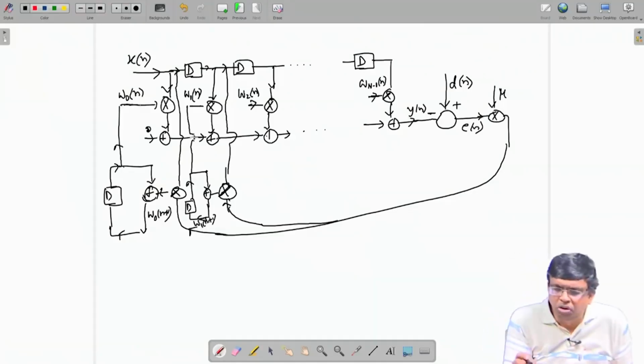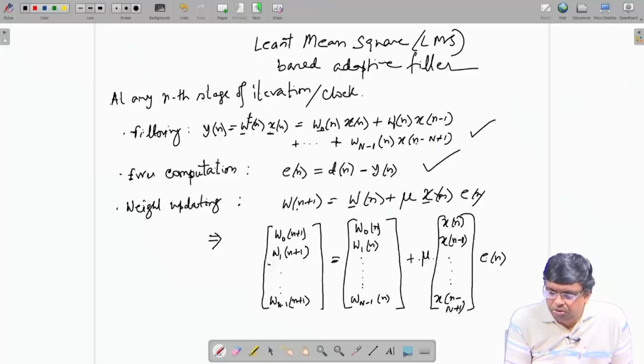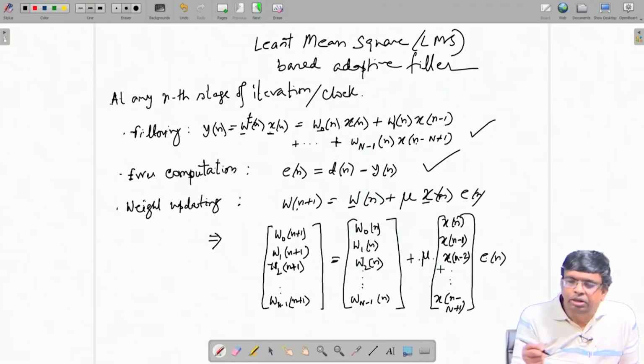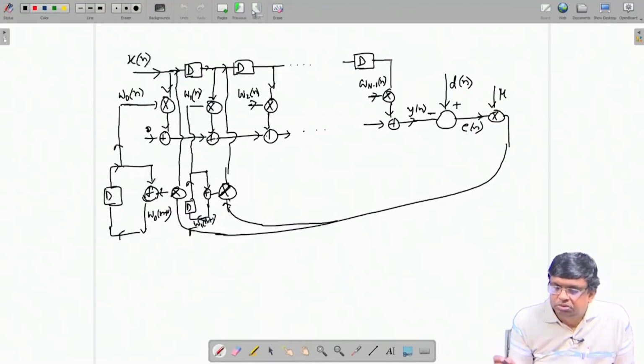You can do a few more also. If we had W2 n plus 1, it is W2 n plus mu e n times x n minus 2. Okay. So, W2 n and mu e n times x n minus 2. x n minus 2 is here, x n minus 1, x n minus 2.